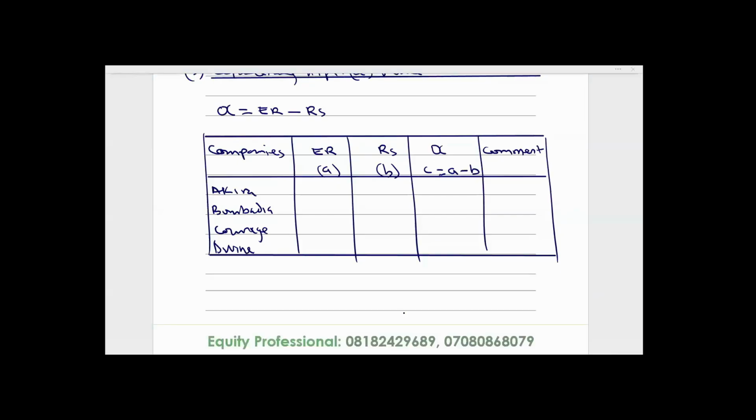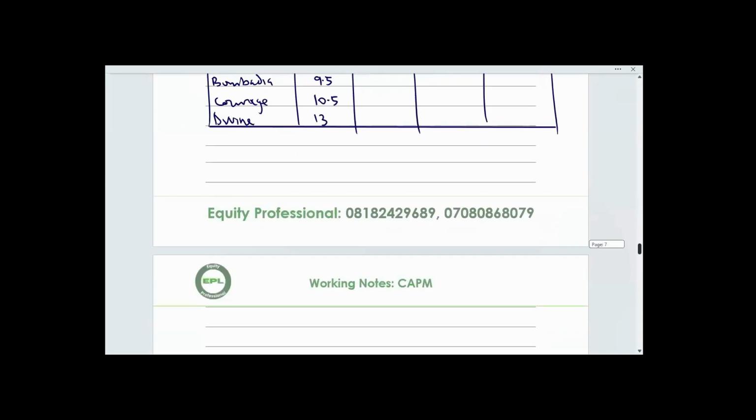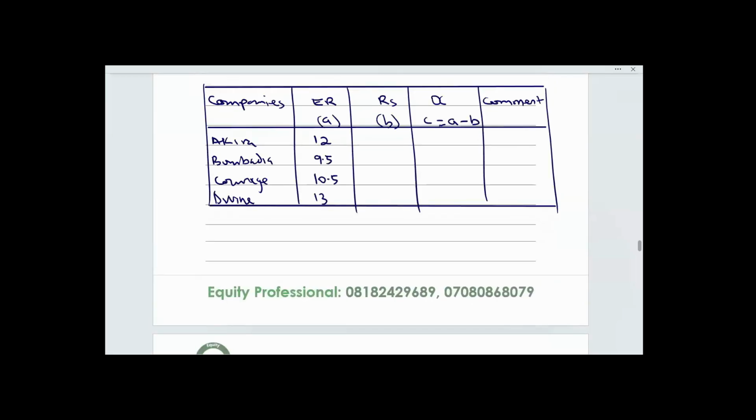All these figures are in percentage, so just put 12. 9.5, 10.5, and 13. Then the required return we calculated: 11.5, 9, 10.55, and 13.5.